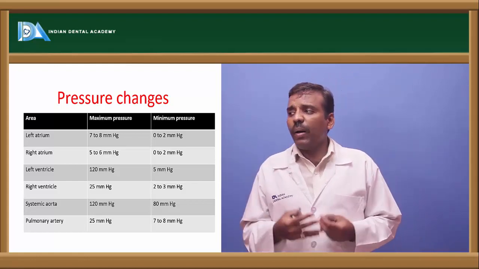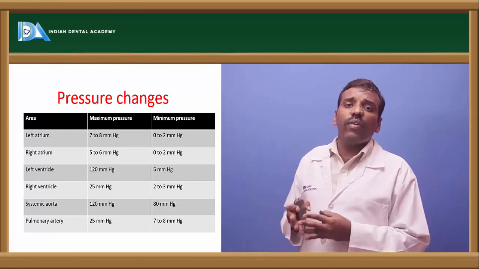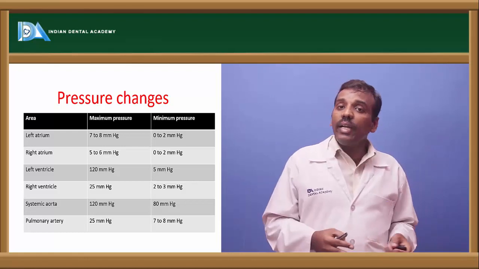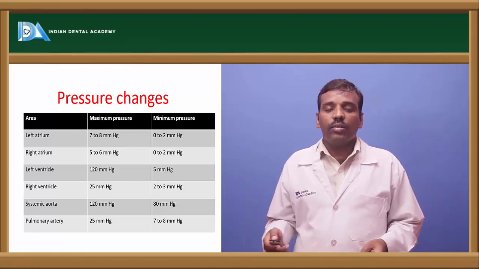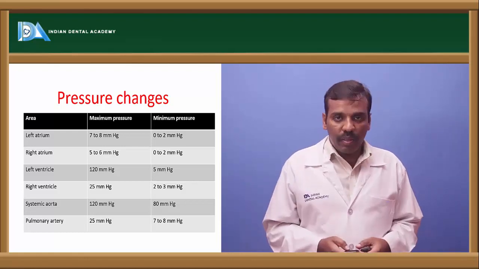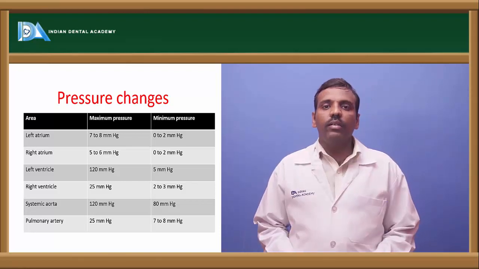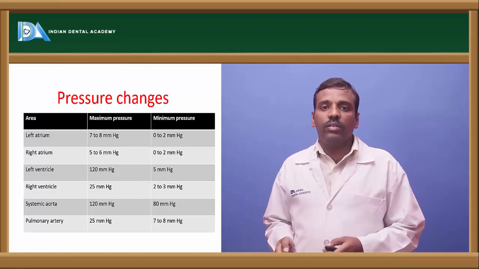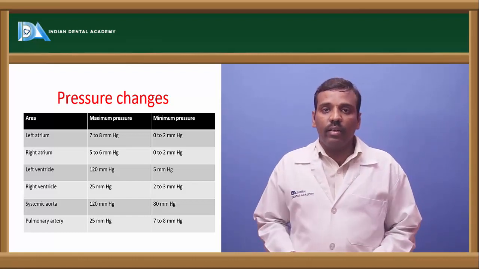And in case of the pulmonary artery, 25 millimeters of mercury is the maximum pressure, and 7 to 8 millimeters of mercury is the lowest or minimum pressure. And these are the pressure changes in the cardiac cycle.